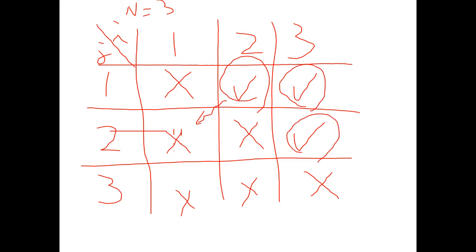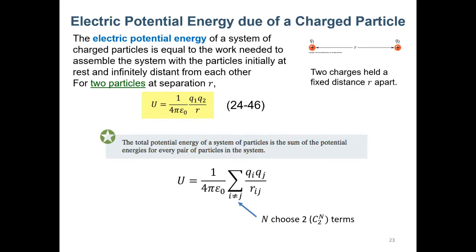So we may have I equals 2, J equals 1, I equals 3, J equals 1, and I equals 3, J equals 2. Or maybe you can choose these 3 rather than that 3. That is actually the same, because Rij and Rji is the same. So we consider I is not equal to J. So we just skip the diagonal line.